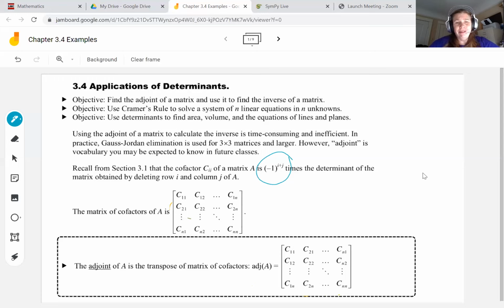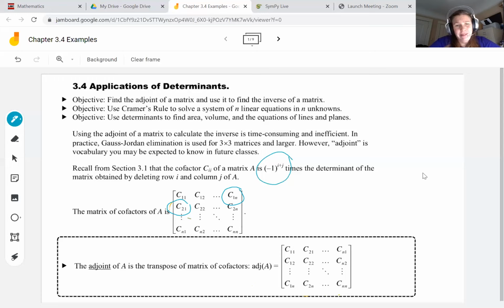So here's our matrix of cofactors. Something like C21 is the cofactor corresponding with the second row and the first column, and C1n is the cofactor corresponding with the first row and the nth column. So the adjoint matrix of A is the transpose of this matrix of cofactors.